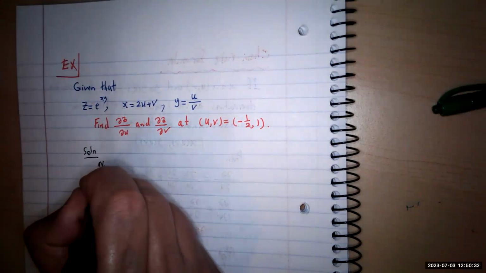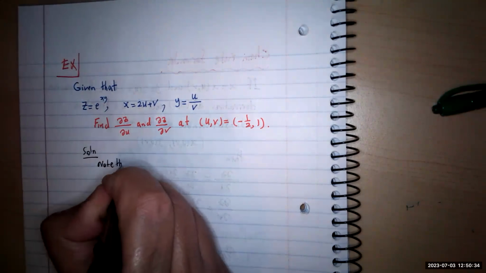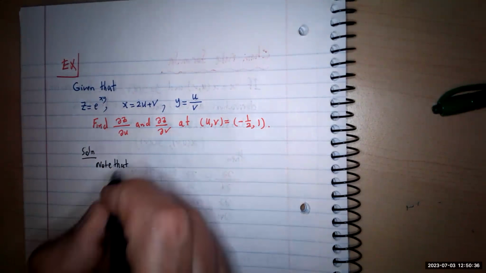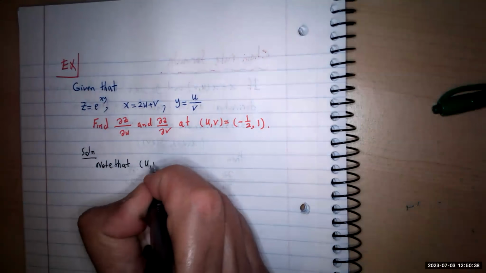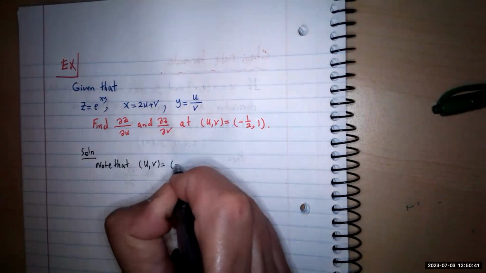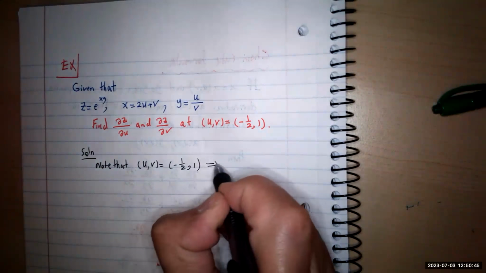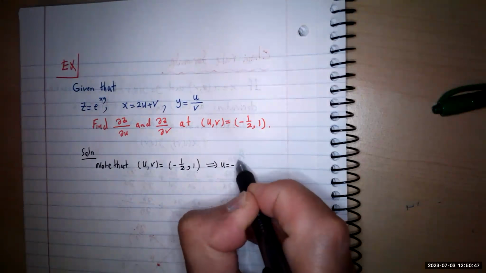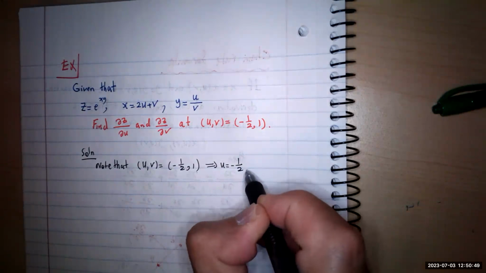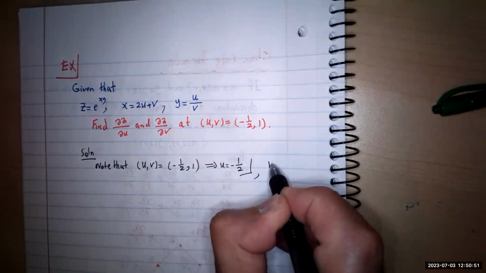Note that u is -1/2 and v is equal to 1.